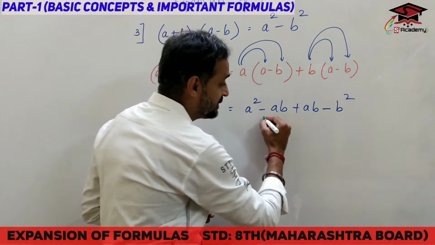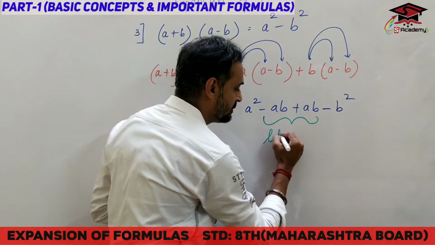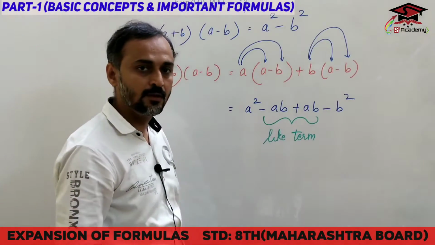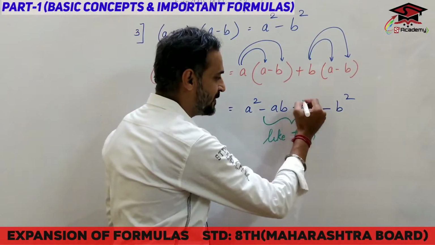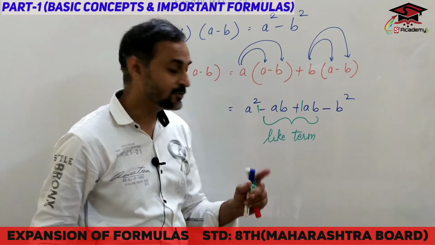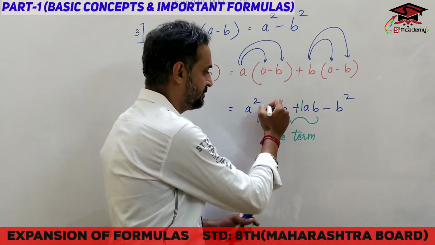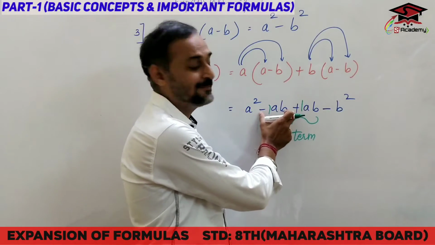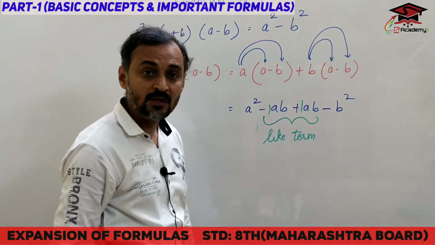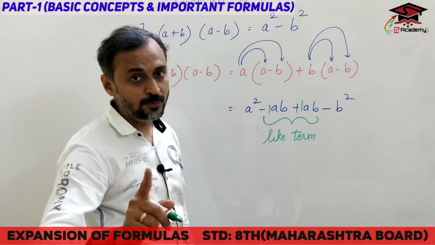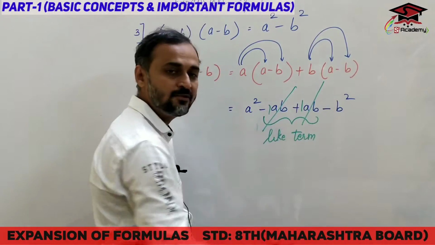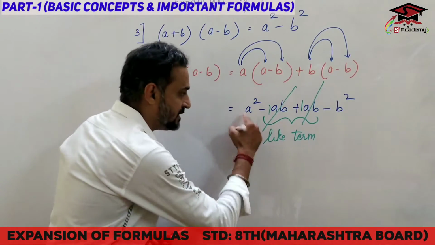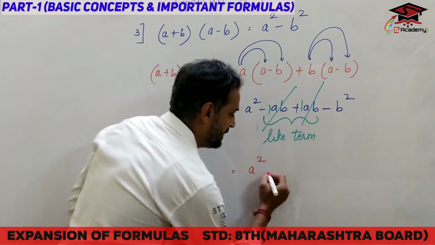Again we do the same thing, that is like terms. Let me consider 1 over here, 1 over here. But here it is given the opposite sign, minus and plus. So minus and plus, that means minus into plus is minus, this got cancelled students. So what is my final answer over here? It is a square minus b square.